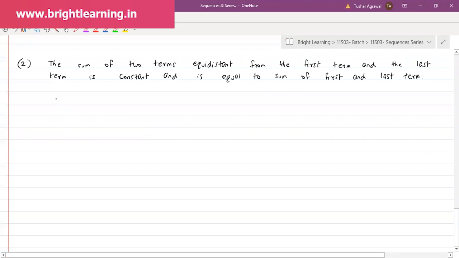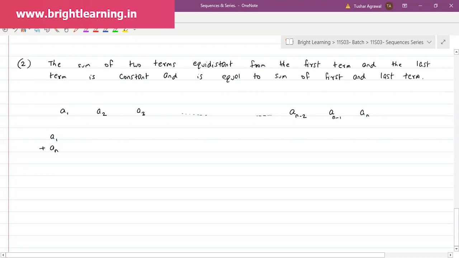This property I told you when we derived the formula of Sn also. How did we derive it? A1, A2, A3, and here let's say An. The previous term will be An minus 1, and the term before that will be An minus 2, and so on. If I do the addition pairwise, A1 plus An.